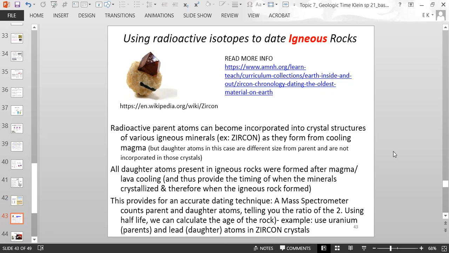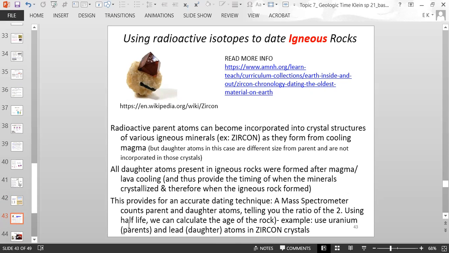So you can use equipment called a mass spectrometer, which actually counts the parent and daughter atoms in crystals. And then you get the ratio of the parent to the daughter atoms. And then using the half-life number, you can calculate the age of the rock.